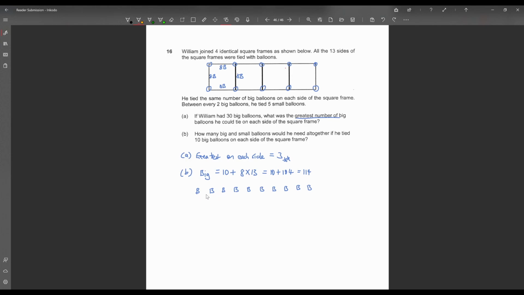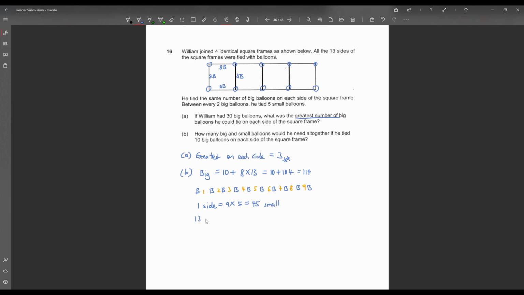So 1, 2, 3, 4, 5, 6, 7, 8, 9. So in one side there are actually 9 intervals, and each interval will have 5 small balloons. So one side equals 9 times 5, which equals 45 small balloons.